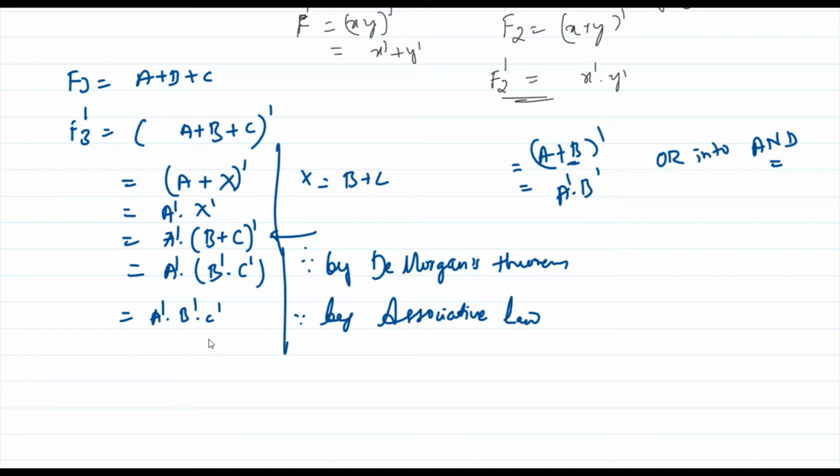So this is the complement of a given function for three variables. I think you are getting it now. This is how you can write the complement of a given function by applying De Morgan's theorem.